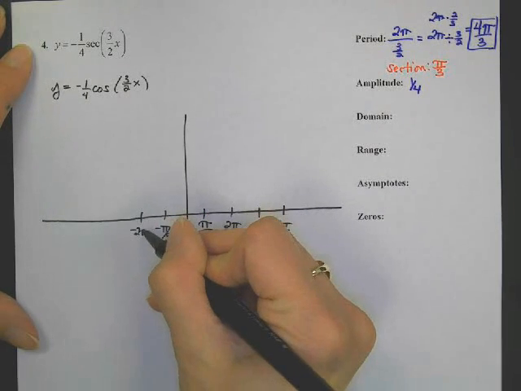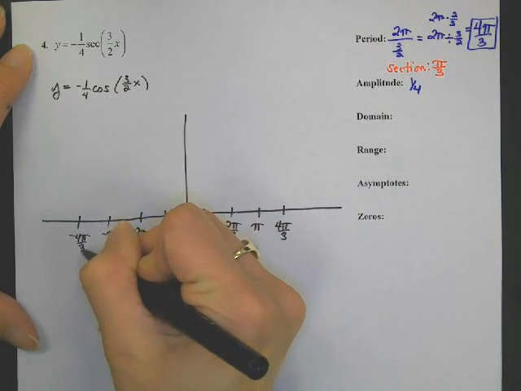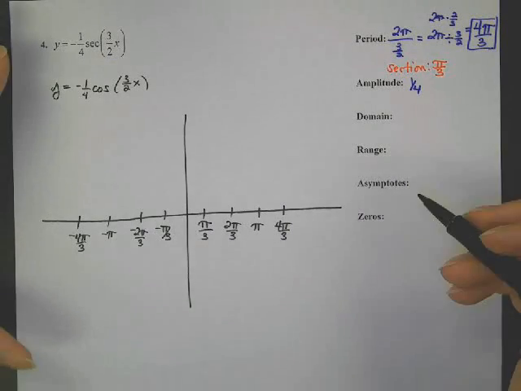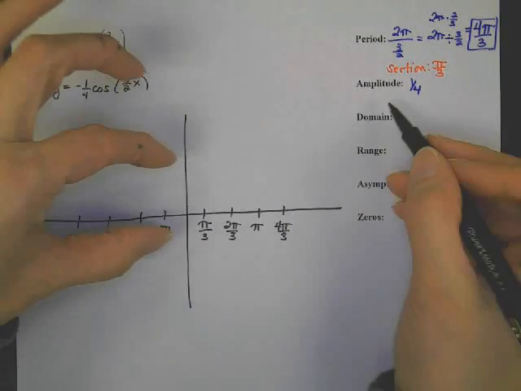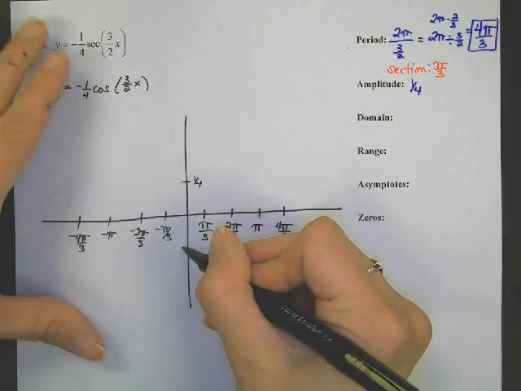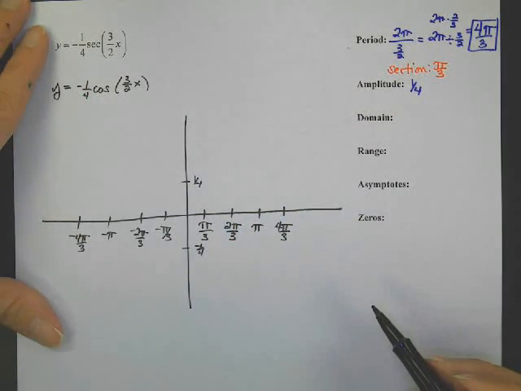Then negative pi/3, negative 2pi/3, negative pi, negative 4pi/3. Okay, and the other thing is going to be amplitude. And again, I don't necessarily make it be really, really tiny just because it's 1/4. I'll just label it 1/4 and make it be a good amount.